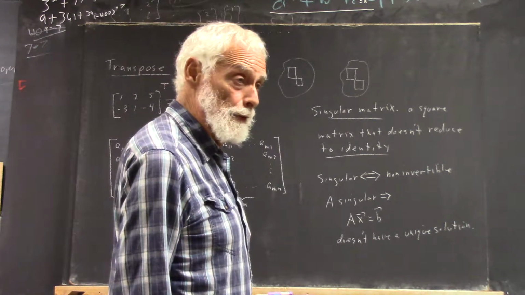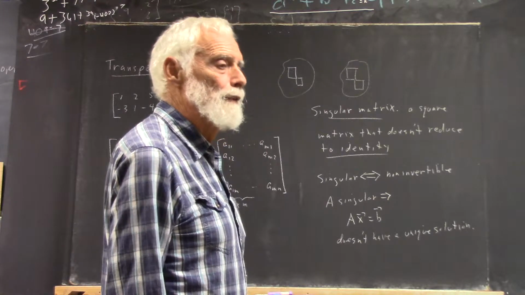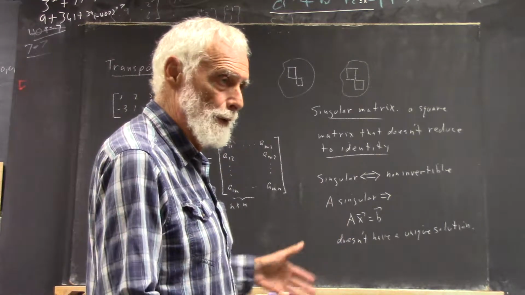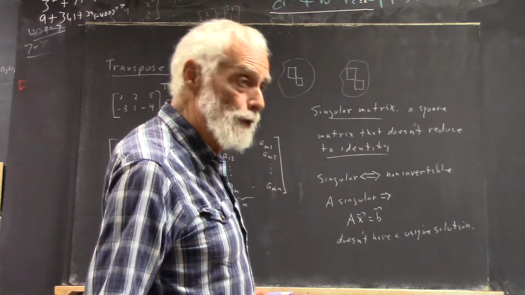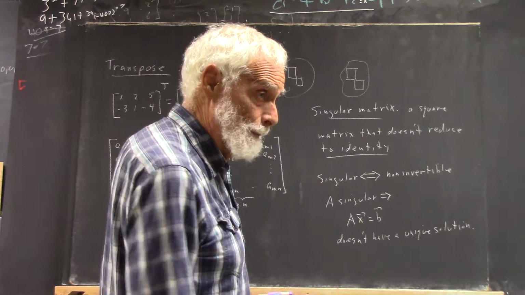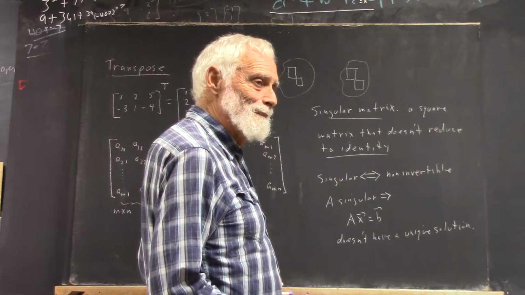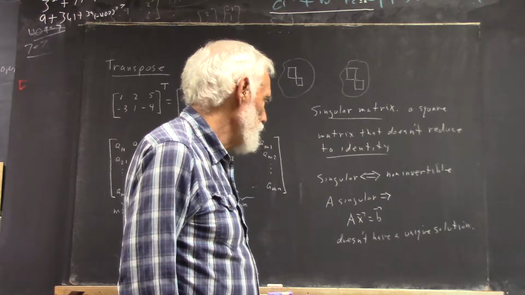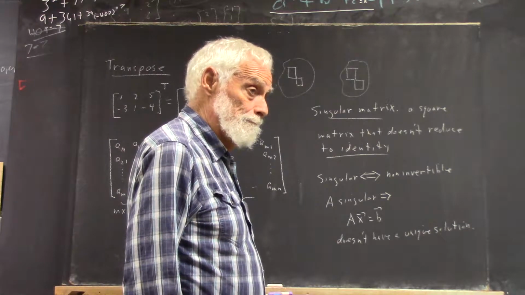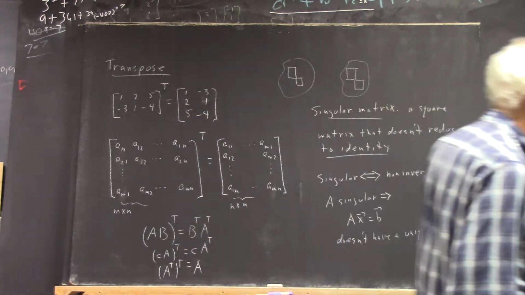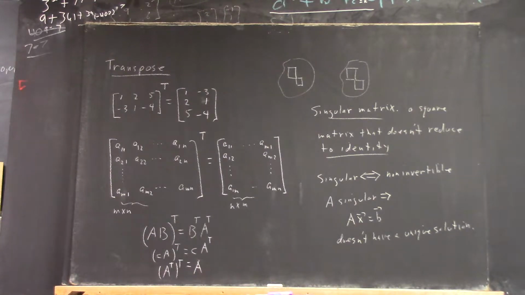Maybe it has multiple solutions. It doesn't have a unique solution. It can't solve the equation. Maybe it has no solution at all. Okay? You can figure out which. I'll probably ask you to think about that. Okay? That's another terminology that you just want to be familiar with and comfortable with.